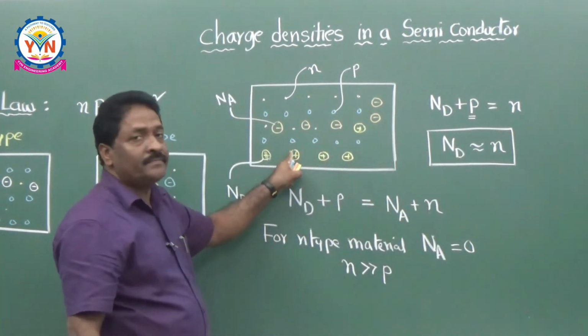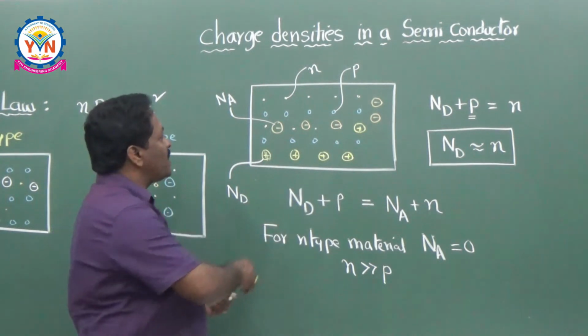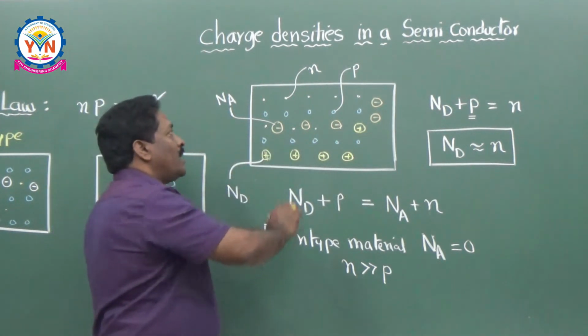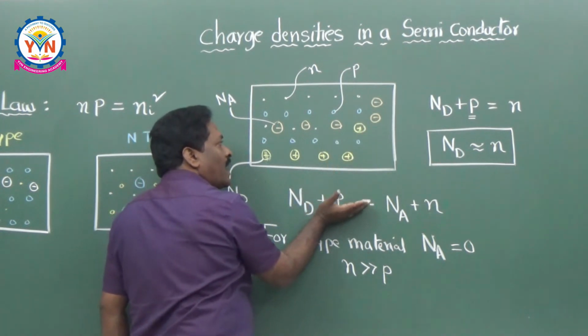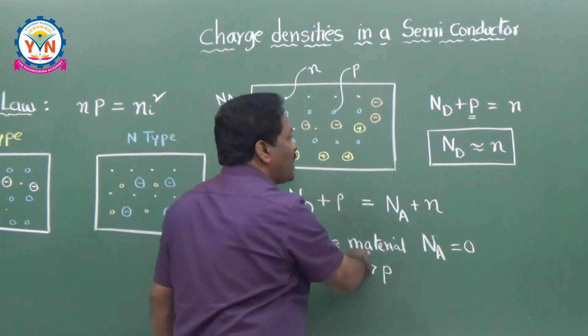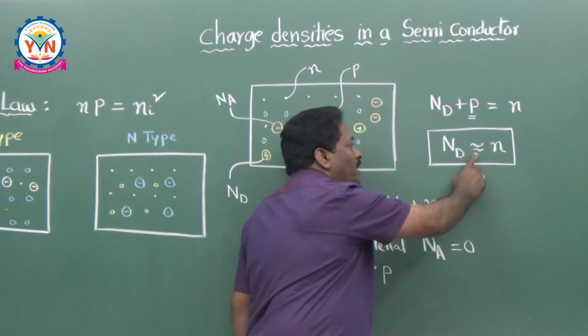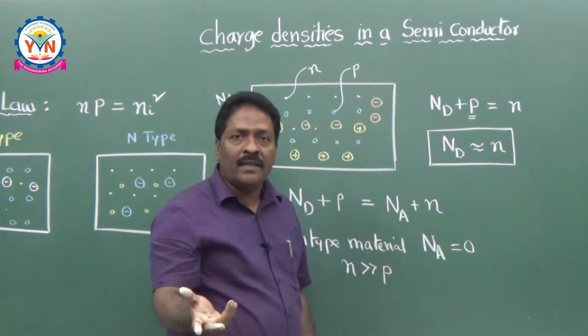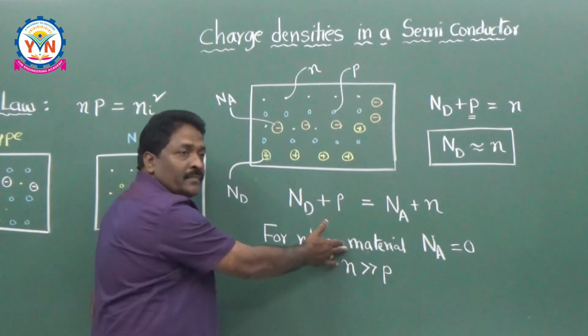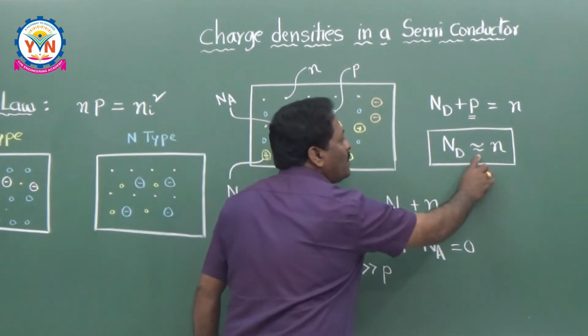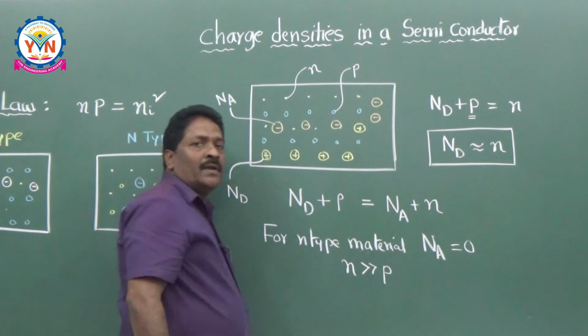N-type material. And finally I am telling, for N-type material I can say n is approximately equal to Nd. Similarly, if you assume that the material is P-type, then I can say p is approximately equal to Na.